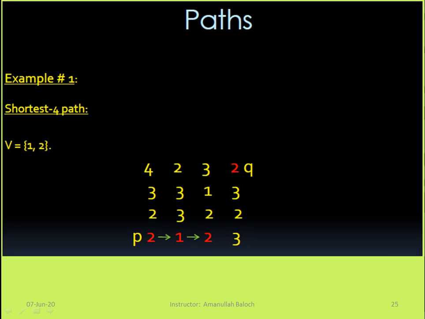Now we will see this and this one. For shortest 4 path, we cannot consider this pixel because this is a diagonal pixel. We have to consider the vertical and horizontal pixels of this central pixel.